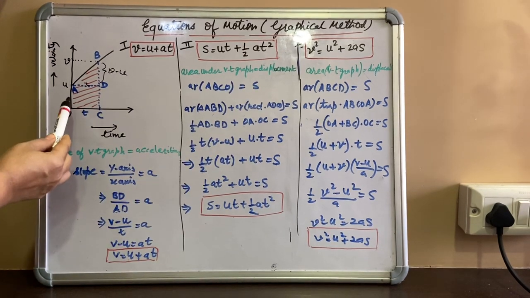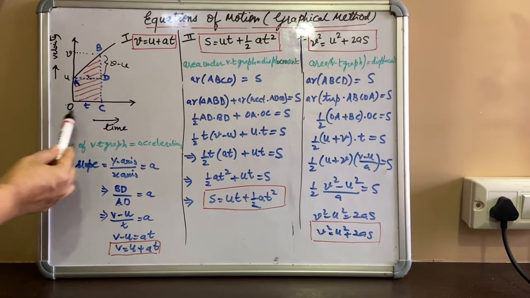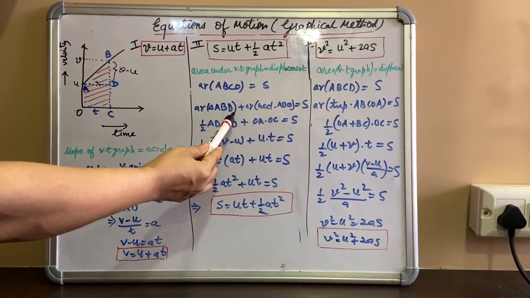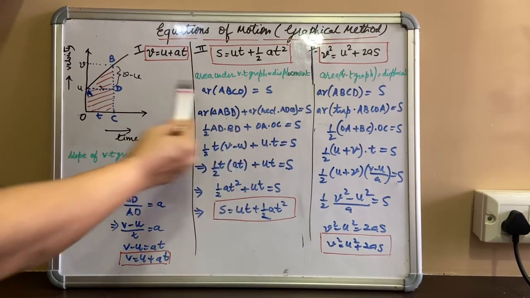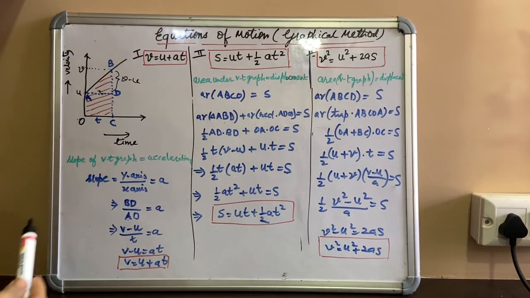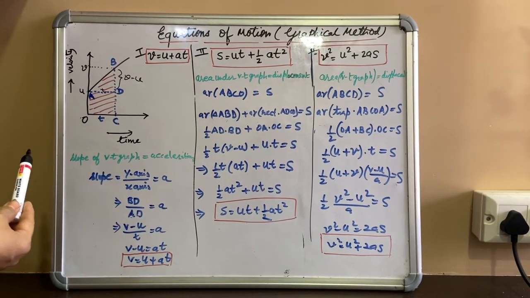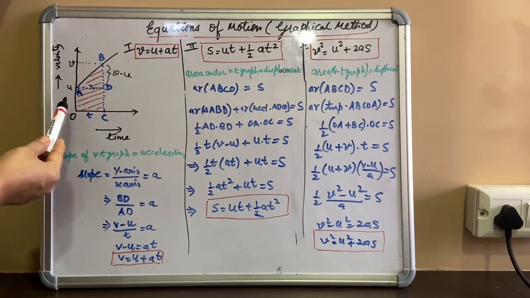This area can be divided into the area of triangle ABD plus the area of rectangle ADCO. So this is s. The area of a triangle is half base into height.